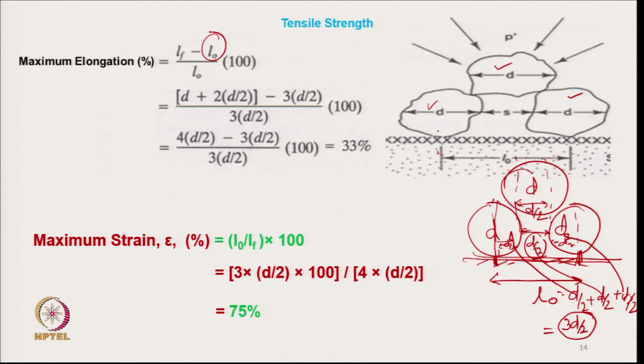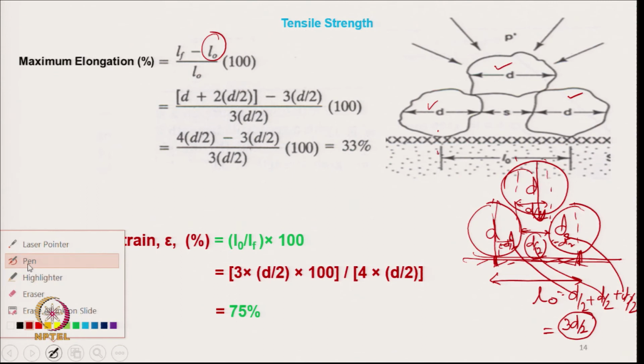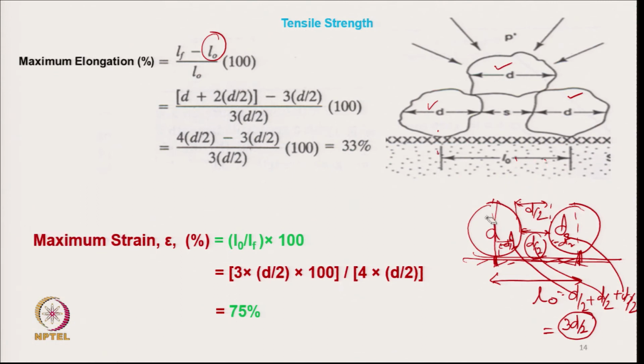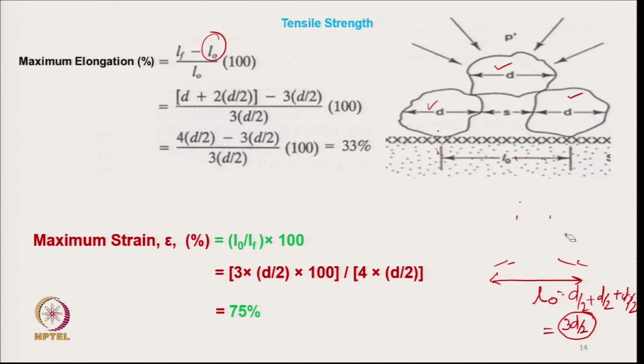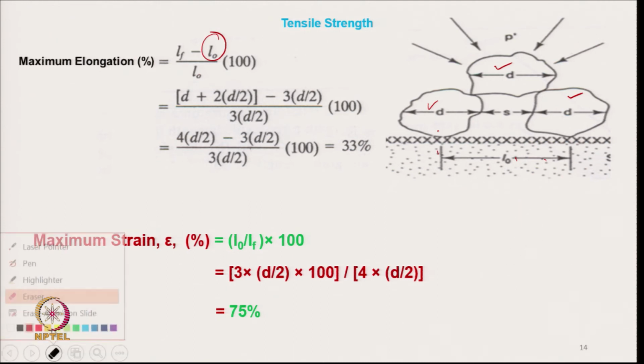Now, when this upper stone is pushed downward, it is coming here. Let us see the situation. So, L0 is clear. Now, let us see the other condition.